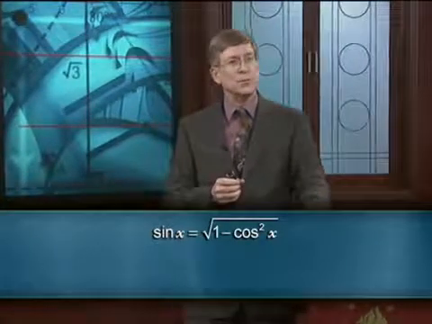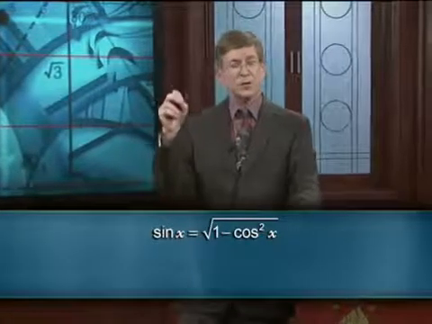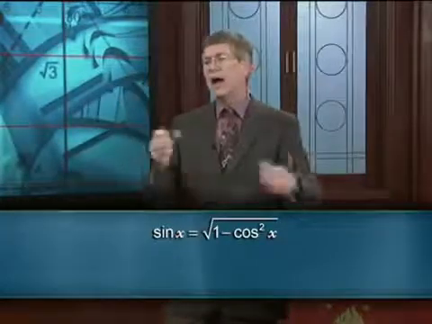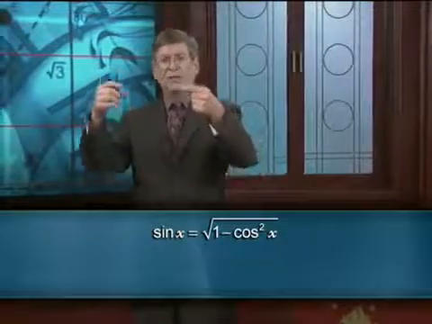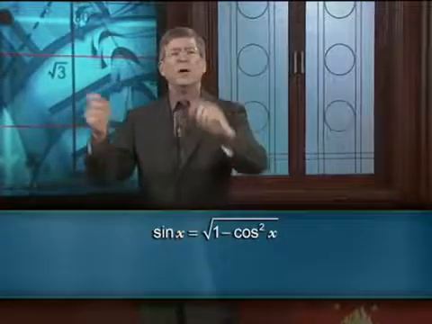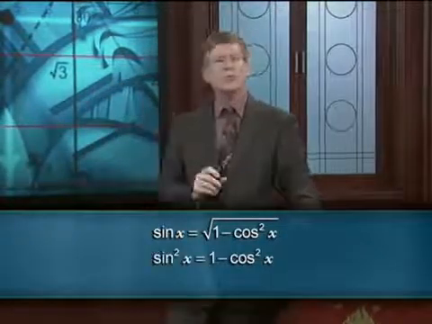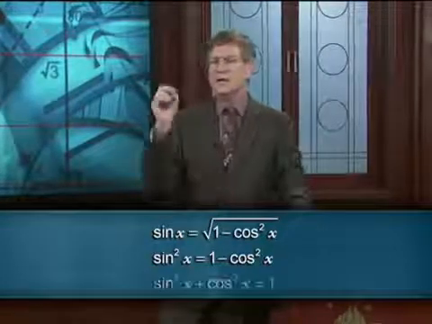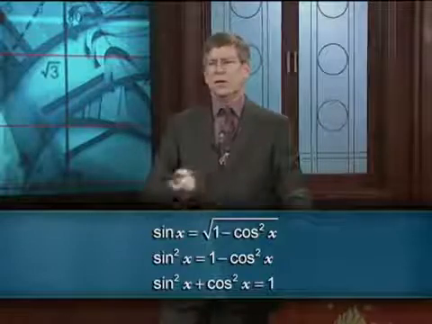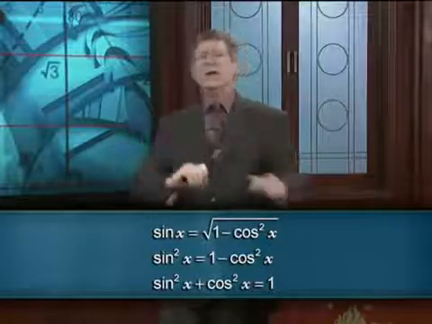This is a false proof. The incorrect method would be to start with that statement and manipulate it. Square both sides. Sine squared equals 1 minus cosine squared. Oh, and that's the fundamental identity, sine squared plus cosine squared equals 1. I arrived at a true statement.